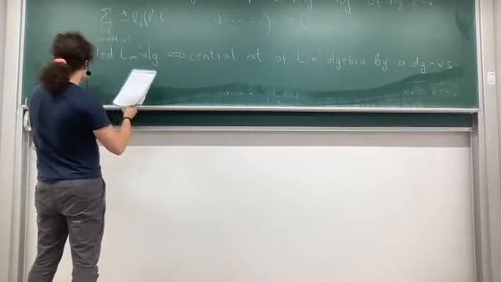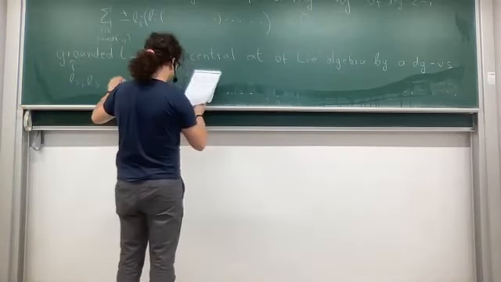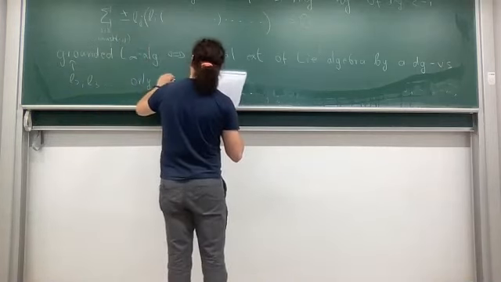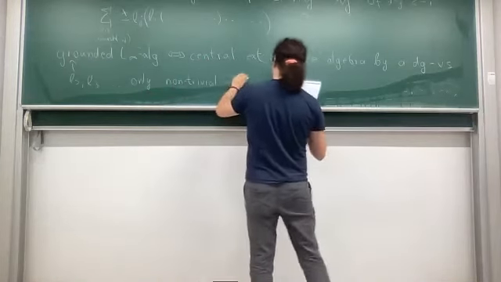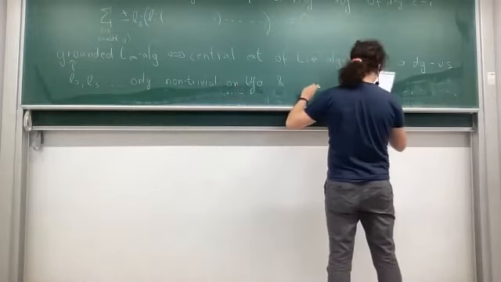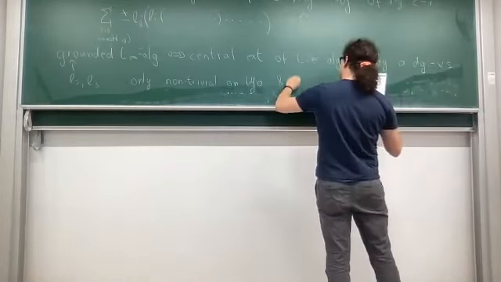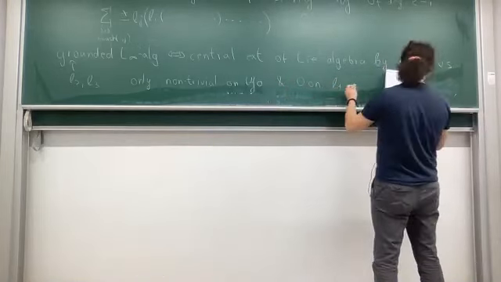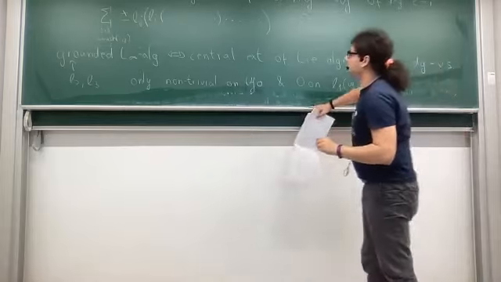I'll add maybe a remark. So L2, L3, and so on, are only non-trivial on G0, on the ground degree, that's why they're called grounded, and actually even more, they are 0 on the image of the differential, so 0 on L1, the first bracket is the differential of G minus 1.